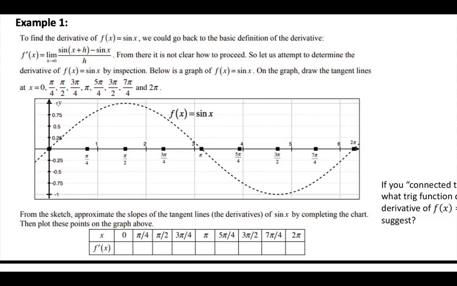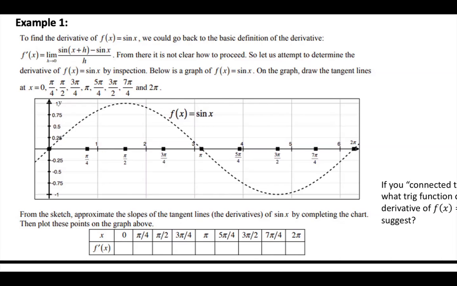When I say the word derivative, what should be popping in the back of your head by now? Slope, definitely slope. Good. That's one of them. When you hear derivative, you should always hear some sort of slope. Good. What else?